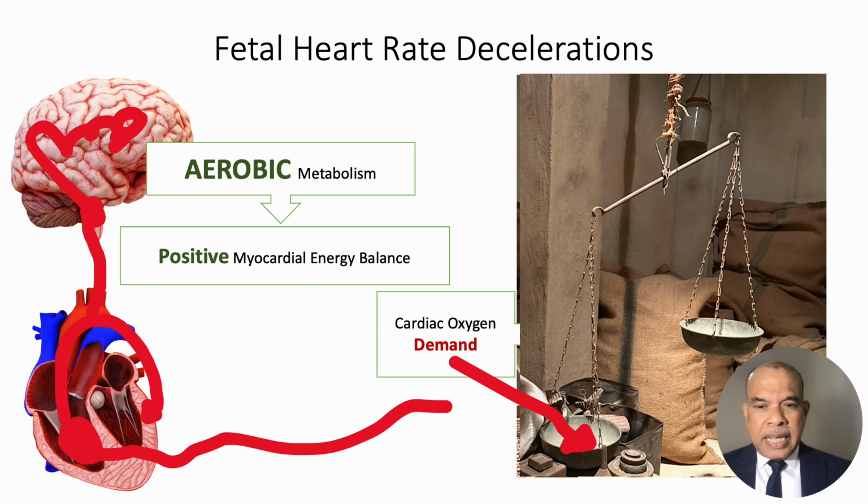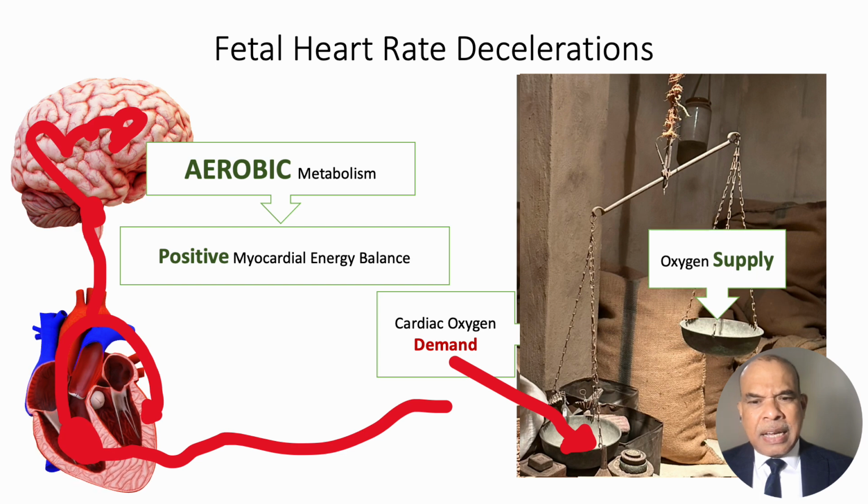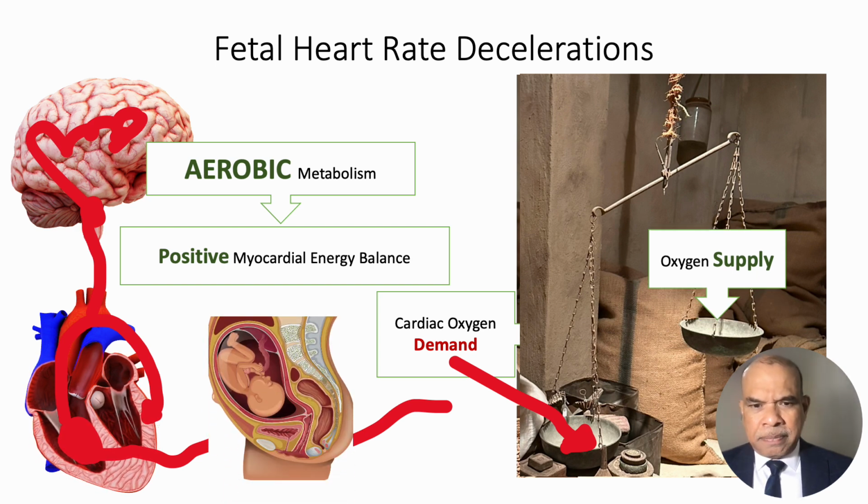Or it could be bronchial asthma, where the demand may not go up, but the supply has reduced. Or pneumonia, COVID pneumonia, for example, where we are unable to oxygenate our heart. In those cases, the demand of the myocardium is greater than the supply.